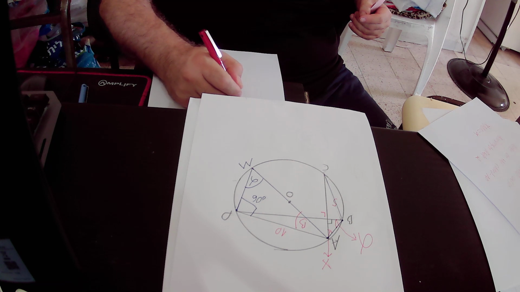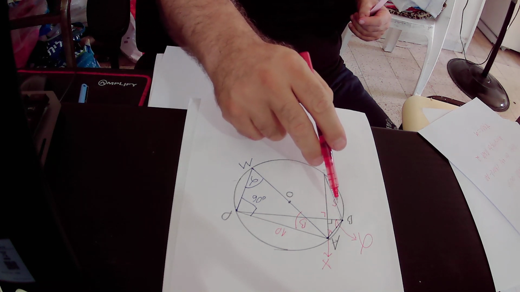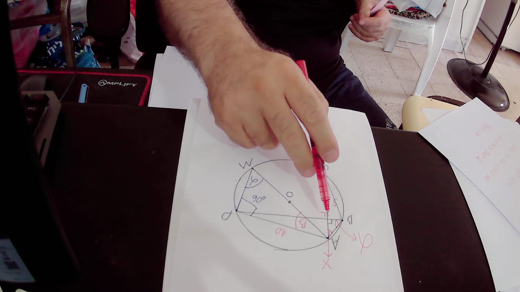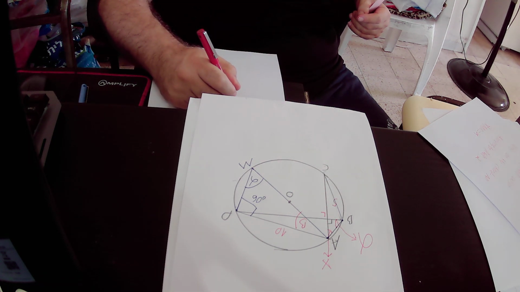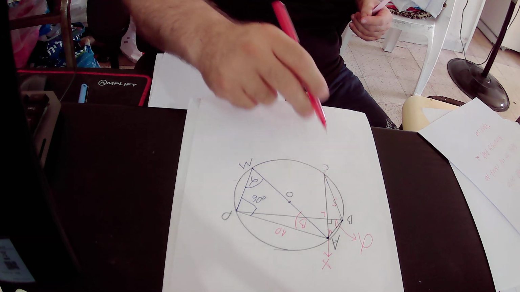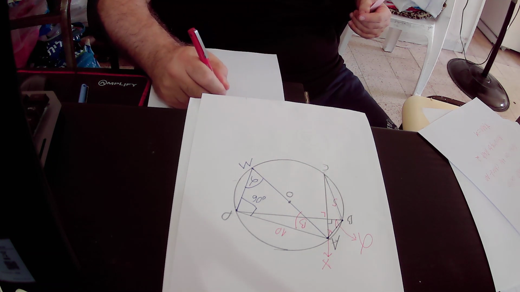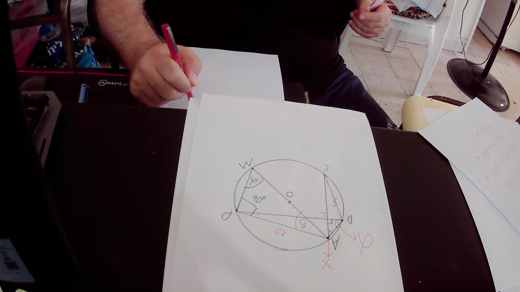So we'll create equation number 2 that states that alpha plus 90 degrees plus X equals 180 degrees. The sum of the angles in the right triangle ABL equals alpha plus 90 degrees plus X, which equals 180 degrees.